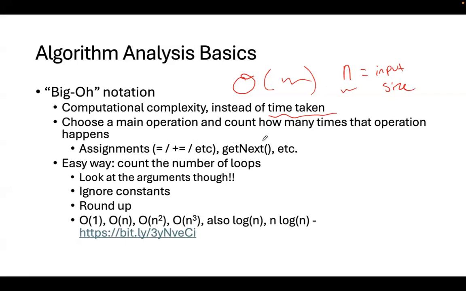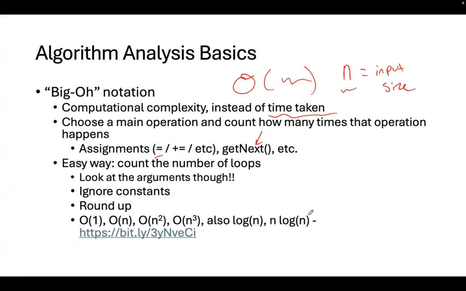The basics for big O are essentially to choose the really important operation or multiple operations, and then count how many times that happens. So maybe your operation is assignments, or maybe it's something like adding, or in a linked list, for example, when we have the algorithm to go through the list to find a node, so like get node, then maybe get next is our main operation.